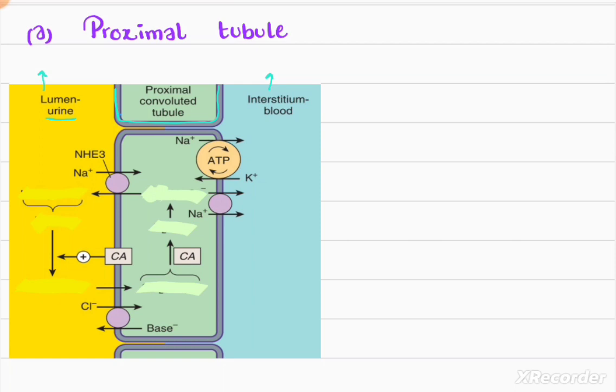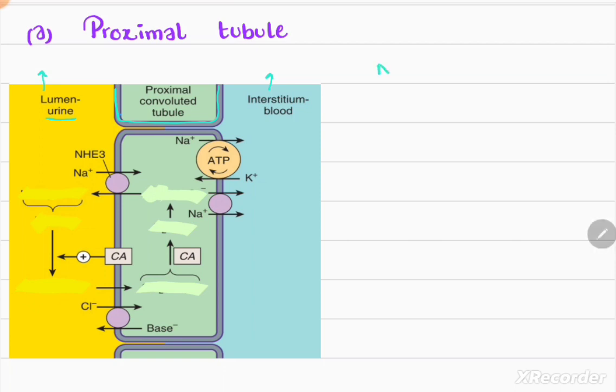Now, what actually happens is that in the proximal tubule, there are many ions and salts which are transported, which include sodium bicarbonate, sodium chloride, glucose, amino acids, and other organic solutes. All these things are reabsorbed in the proximal tubule.